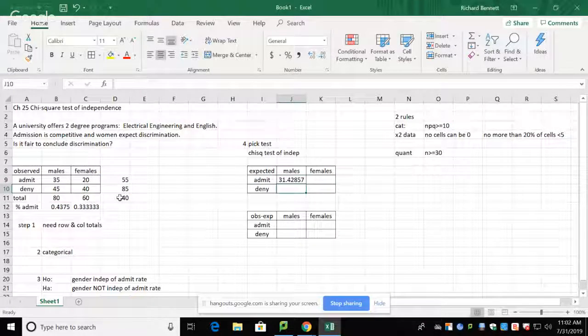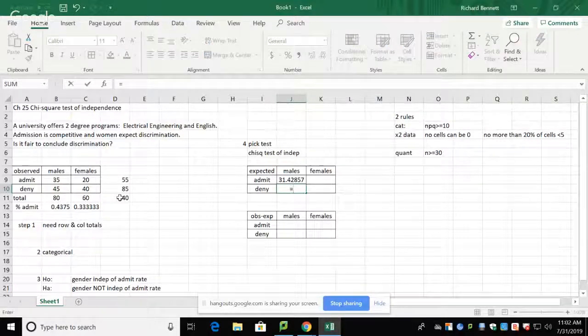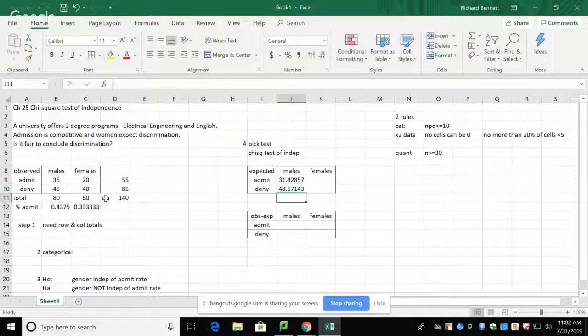Okay? Now I'm going to press enter. Where am I at now? I'm in row 2, column 1. I'm going to do the same thing. Equals the row 2 total times the column 1 total divided by the grand total. Does that make sense? Okay.